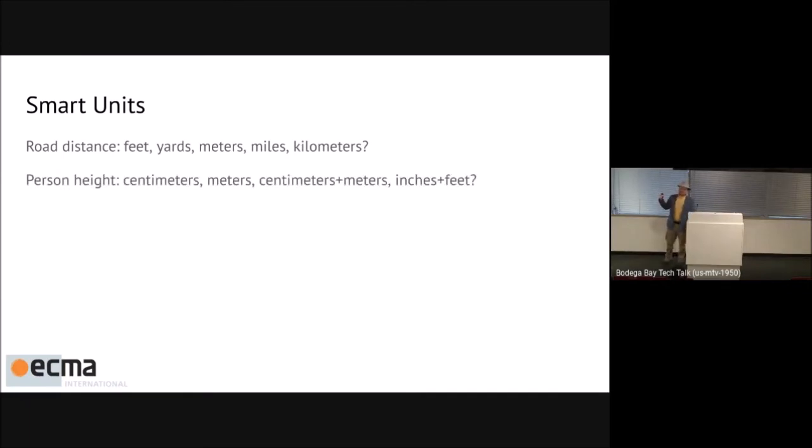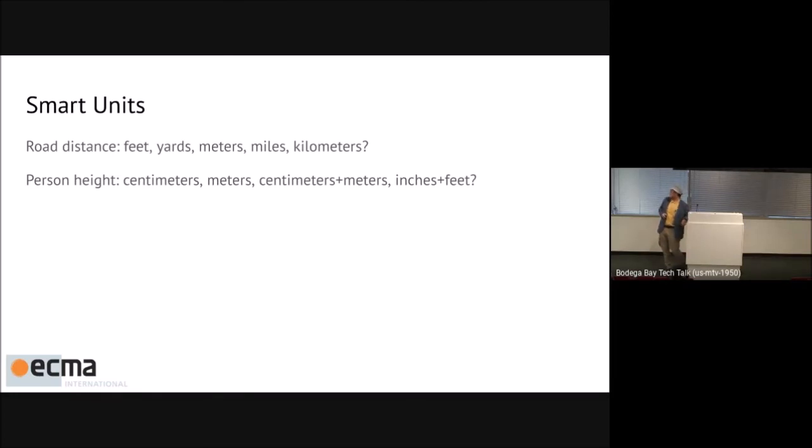It's not as simple as imperial versus metric either, because if you're in Great Britain, you use yards for short distances, but you use feet in the United States. And the cutoff between when you say feet versus when you say half a mile also varies, or when you switch from meters to kilometers. So smart units. Those are some of the questions there.